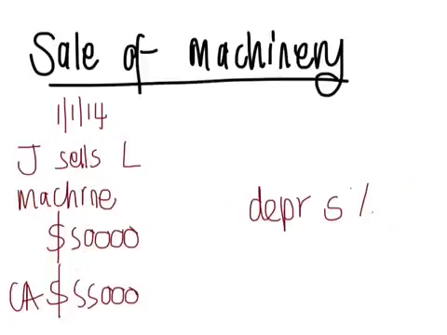So on the 1st of January 2014, Jade, who's the subsidiary, sold a piece of machinery to the parent company for $50,000. At the time of the sale, the machinery had a carrying amount of $55,000 in the accounting records of Jade.